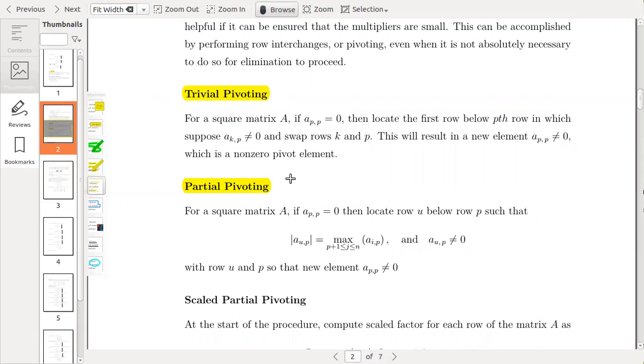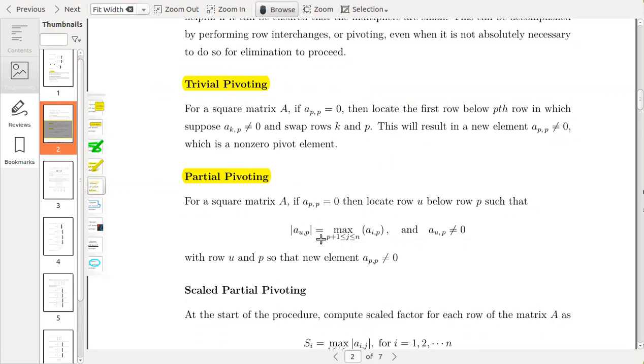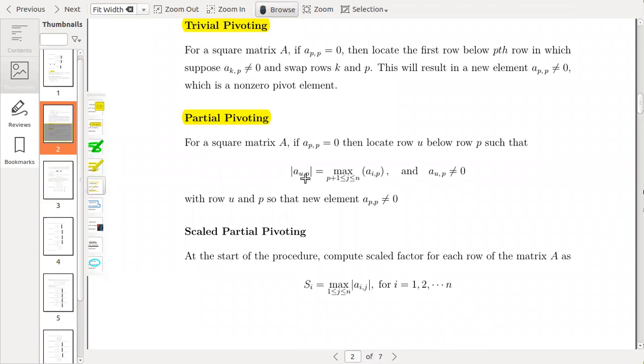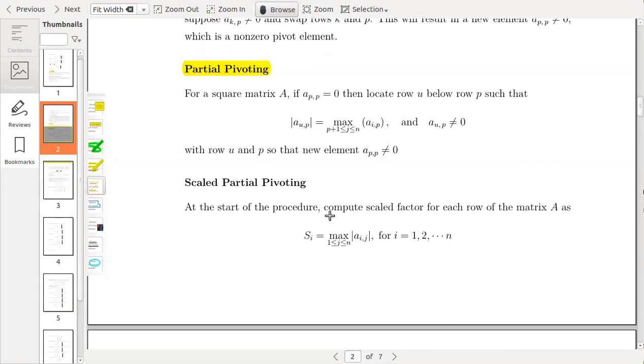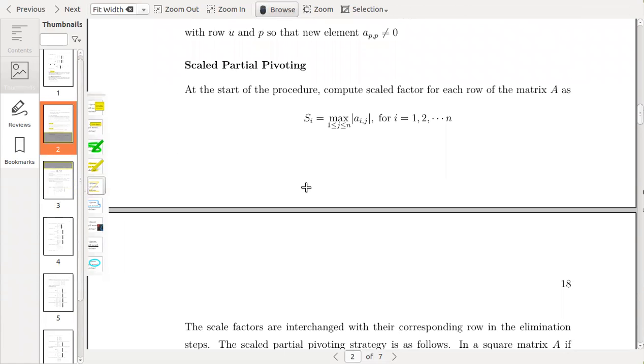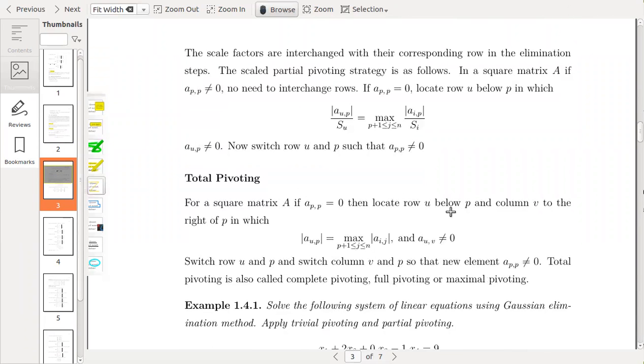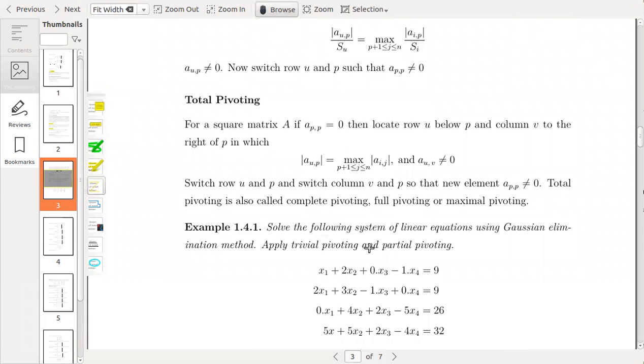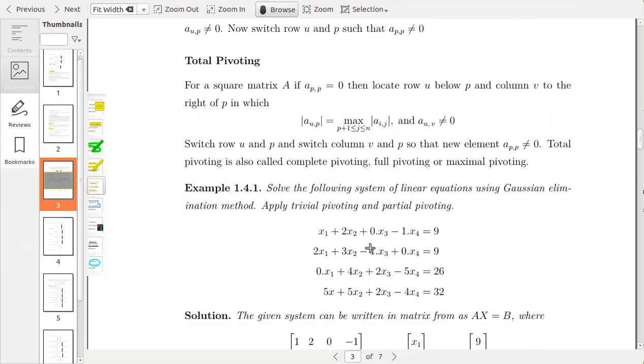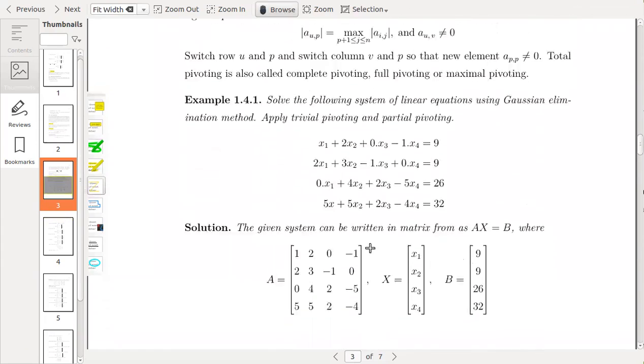In partial pivoting, we have to interchange the first row if it contains a pivot equal to 0 with any other row which contains the largest value in the same column. And in scaled partial pivoting, we must calculate a scaling factor to know with which row we have to interchange. And in total pivoting, we can interchange rows as well as columns. Okay, so that is the difference.